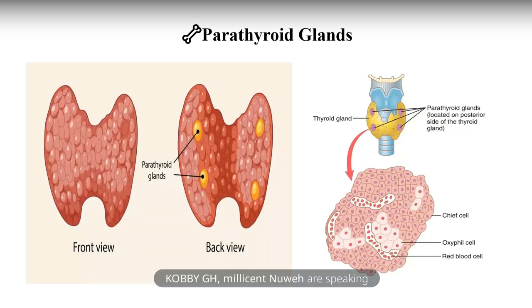But when I got to the cortex, I forgot the names of the zones: the zona glomerulosa, zona fasciculata, and zona reticularis. And I said the adrenal cortex hormones are cortisol and aldosterone. This question was very specific. Is it correct?